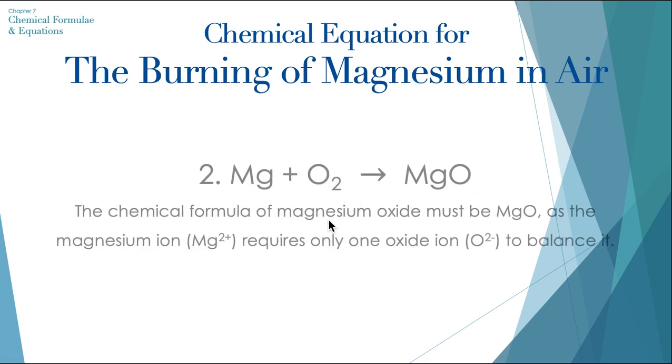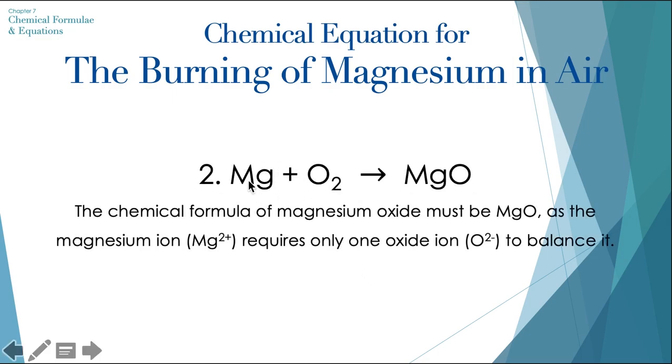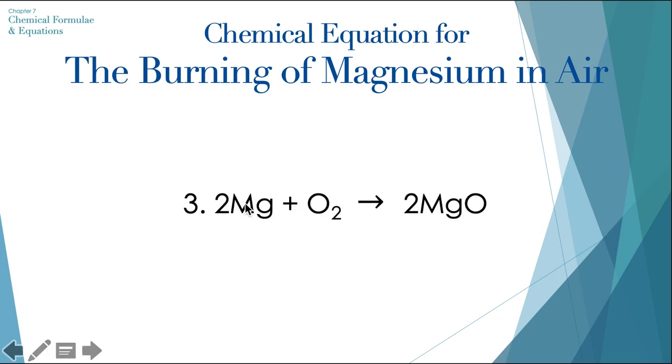Before, we had 2 oxygen atoms and 1 magnesium atom on the reactant side, and on the product side we had only 1 magnesium and 1 oxygen. So this was not at all balanced. Then we made magnesium 2, and MgO can only be 1 magnesium and 1 oxygen. So when we made the magnesium 2, we now have 2 magnesium oxide molecules.